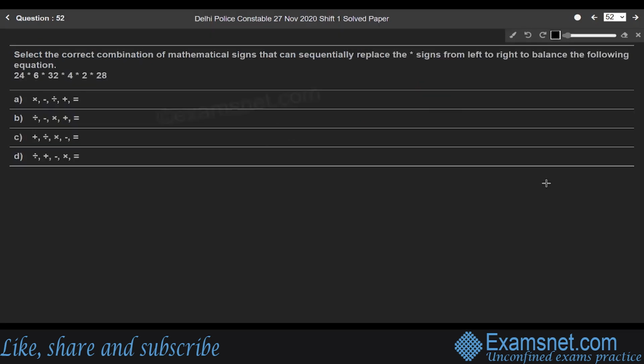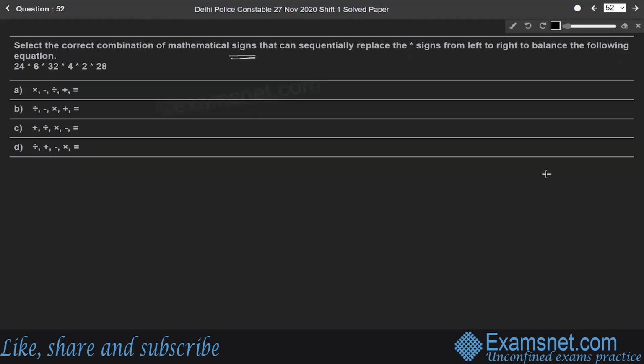Question 52. Select the correct combination of mathematical signs that can sequentially replace the asterisk signs from left to right to balance the following equation. So here option A. Instead of the asterisk sign, we have to use the following signs.